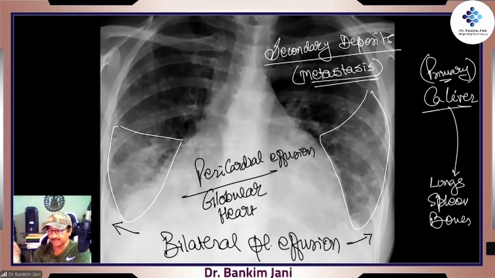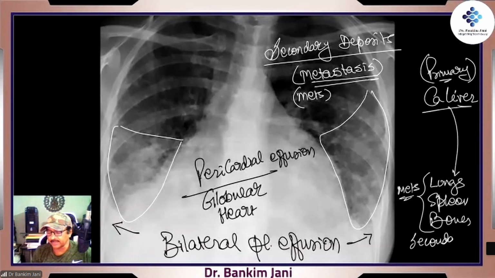Different in lungs, different in spleen, different in bones. But when they come here, they are collectively called mets or metastasis, or in other words, secondary deposits. This is primary. This is secondary.